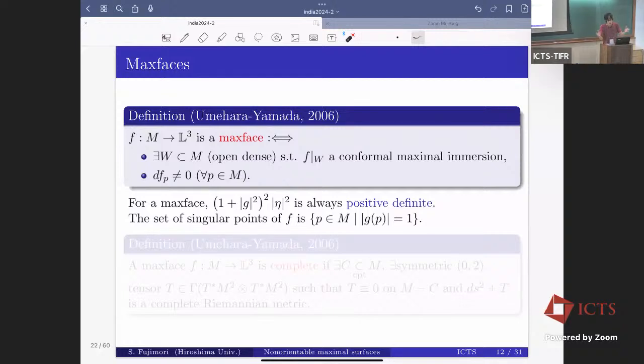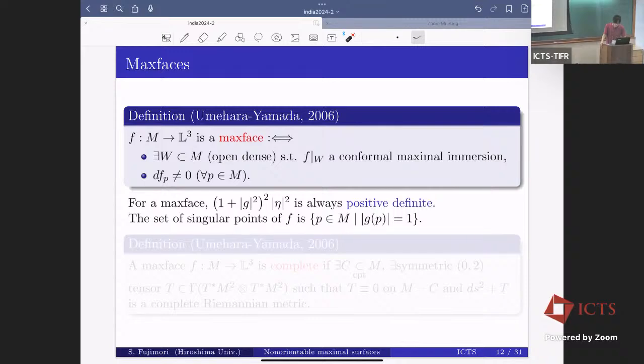So if F is an immersion at the point P, the rank of dF is 2. But at a singularity, the rank is less than 2, but we assume that the rank is at least 1. So we don't allow a rank 0 point.